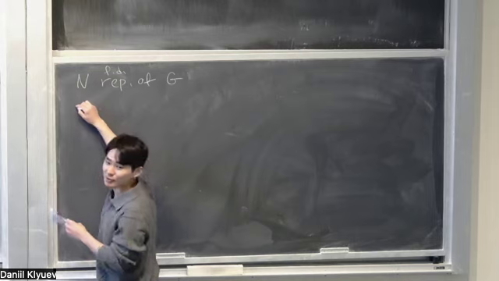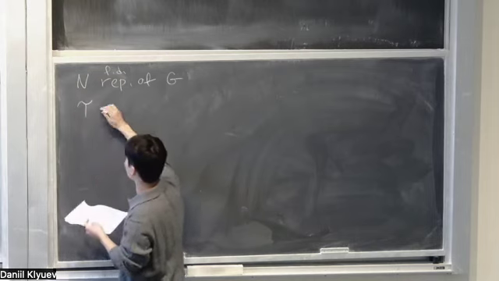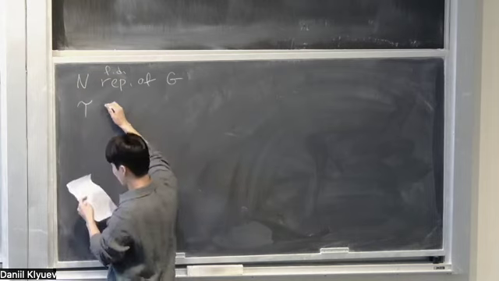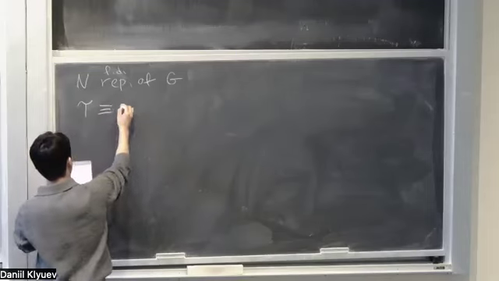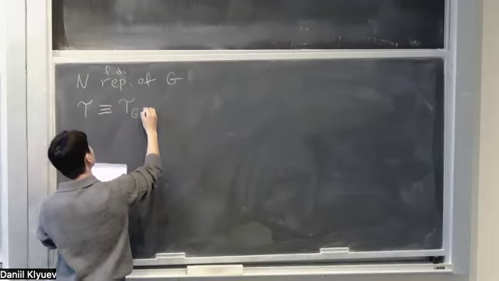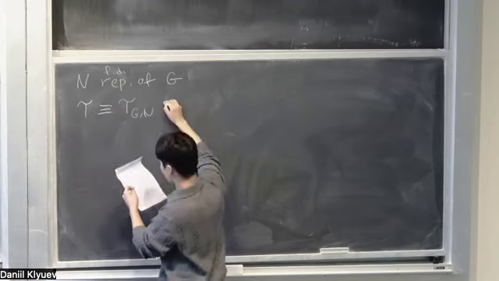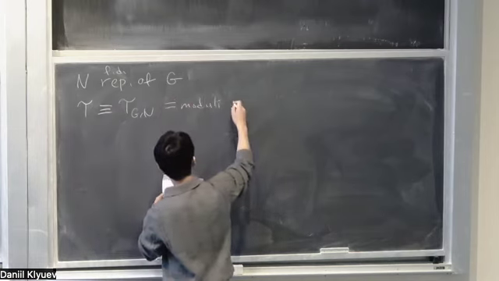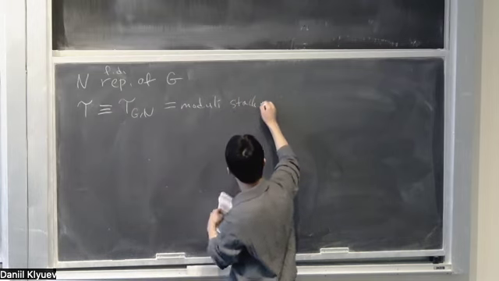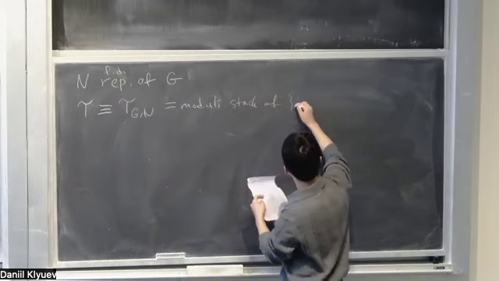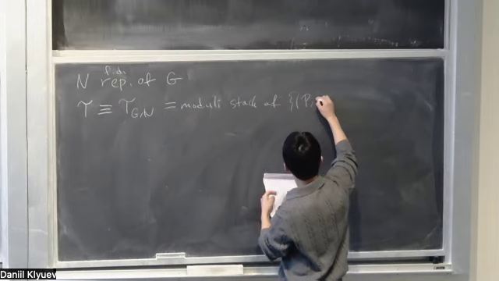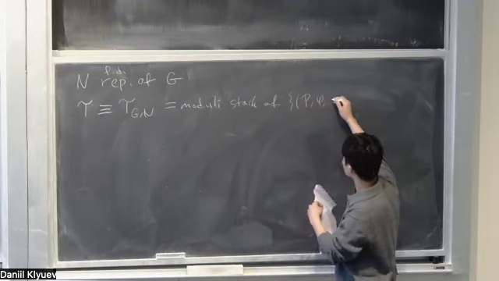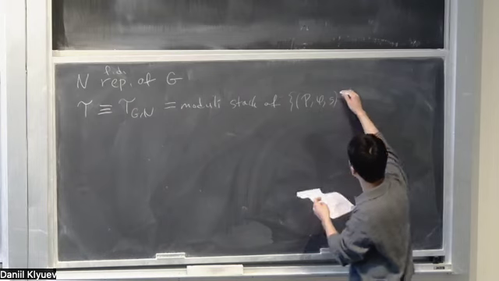To do that, I want to define a somewhat auxiliary space. T is this moduli stack of the same data as the affine Grassmannian, P and phi, and then some section.